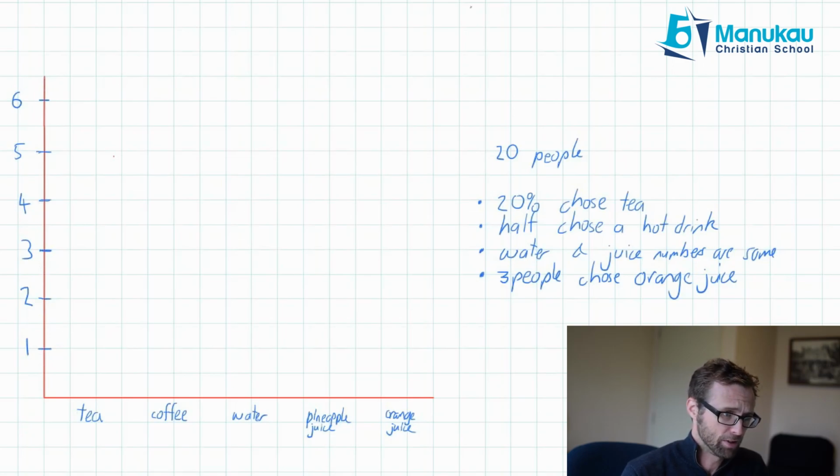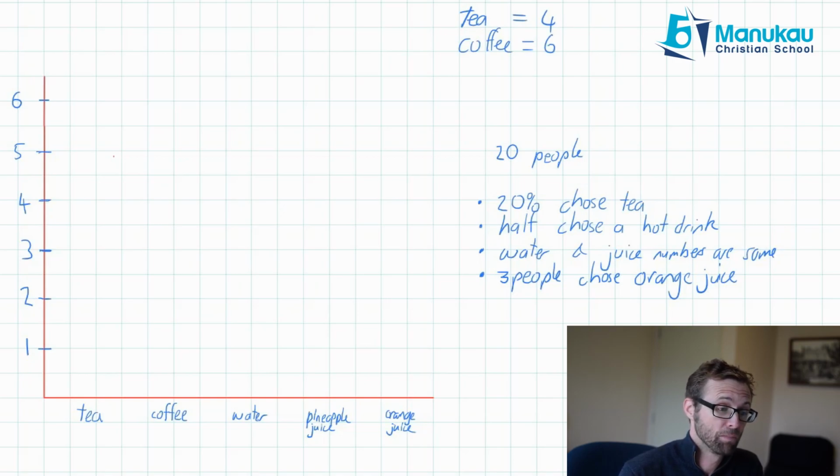That means tea is equal to 4 people. That's 20% of 20. We also know that half of the people choose a hot drink. Well, the only two hot drinks on our list here are tea and coffee, which means that coffee has to be equal to 6, since 6 plus 4 is half of 20.